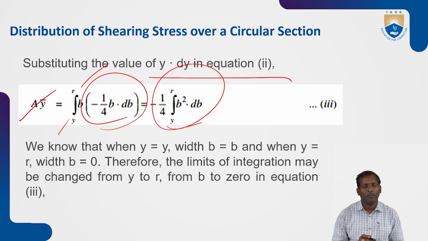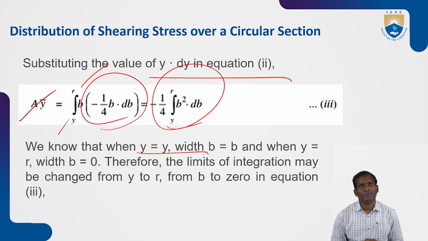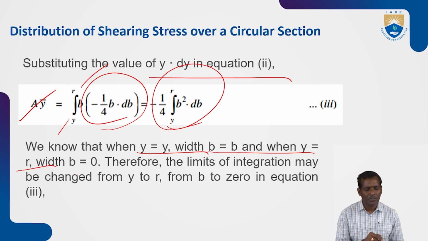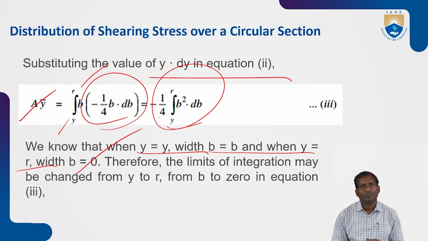We know that when y is equal to y, width b is equal to b, and when y is equal to r, width b is equal to 0. The limits of integration may be changed from y to r, to b to 0 in equation 3.